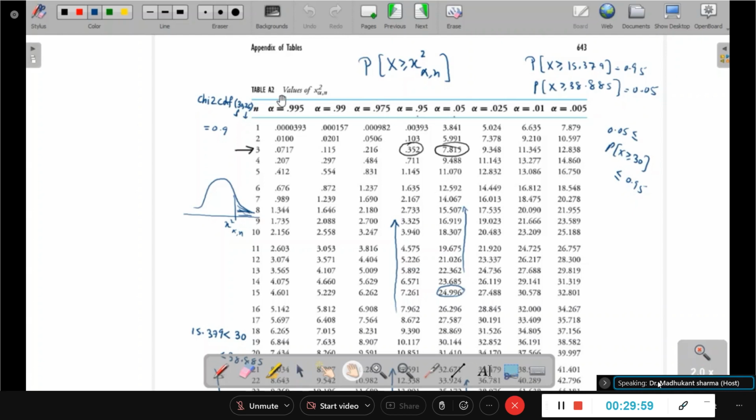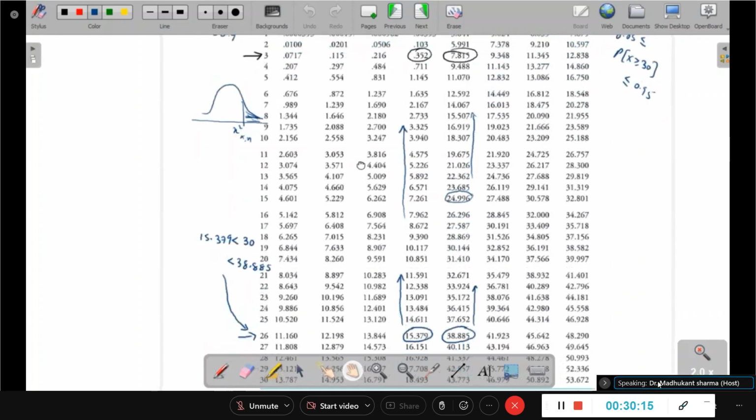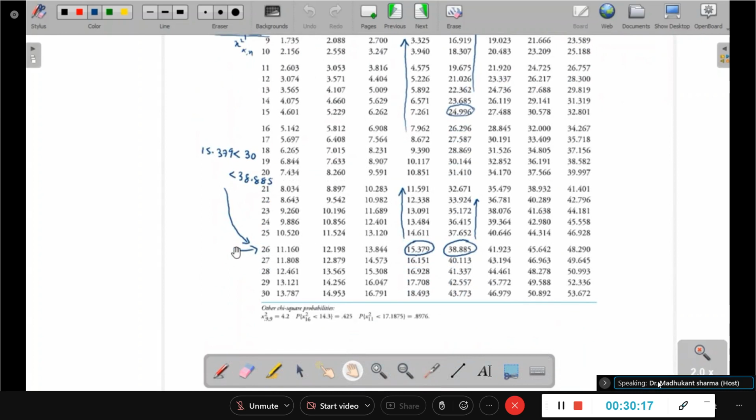So this is the table for probability of x greater than or equal to x square alpha n, meaning the area covered to the right of x square alpha n. Now I identified that the degree of freedom n is 26, so I look at n equals 26. In that row, I have to look for where the value is either 30 or lies near 30.